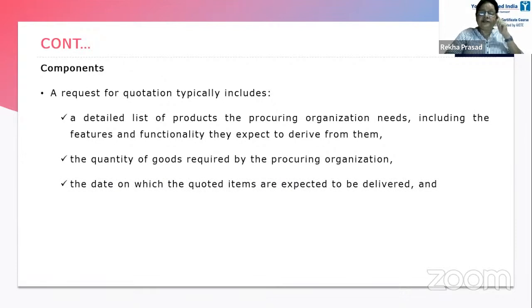The date on which the quoted items are expected to be delivered, because schedule is very important. When you're selecting a supplier, even if the supplier is giving you good quality material at a very reasonable cost, if they are not very tight about the schedule, naturally this will affect your production process. So you will not select that supplier.